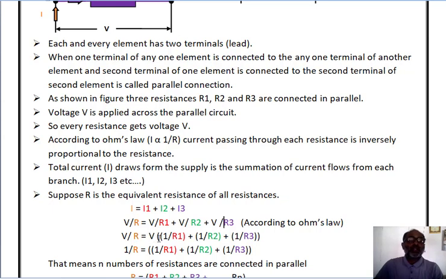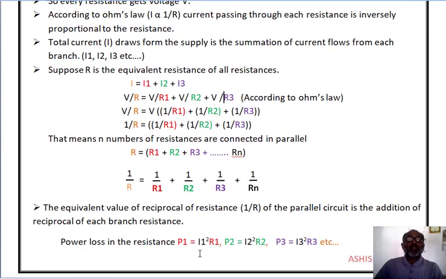So our equation becomes V in brackets 1 upon R1 plus 1 upon R2 plus 1 upon R3, and V gets cancelled. So we can write 1 upon R is equal to 1 upon R1 plus 1 upon R2 plus 1 upon R3.